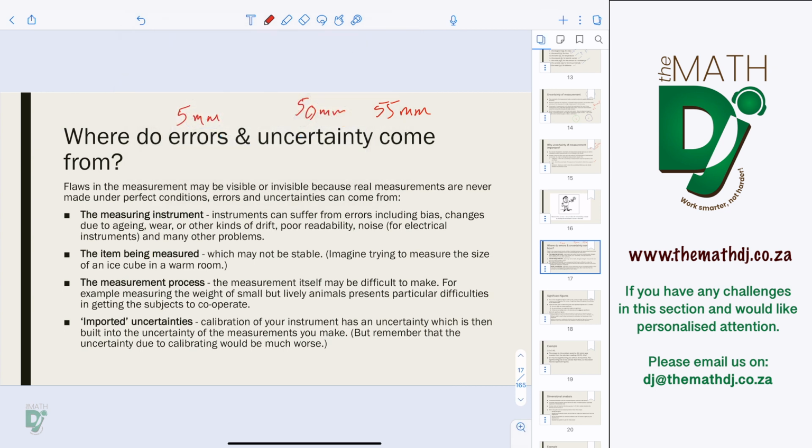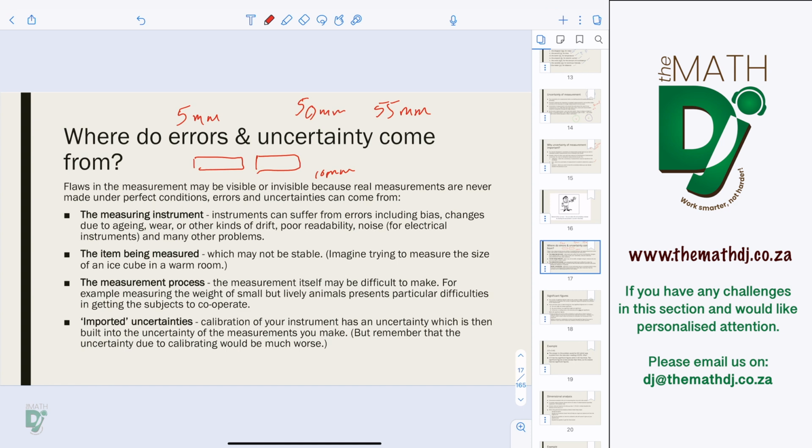Let's say you are supposed to join 2 rods. If you join 2 rods, you now have an error of 10 millimeters, which compounds as you add more items. So the calibration of your instrument is an uncertainty which is built into the uncertainty of the measurements you make.